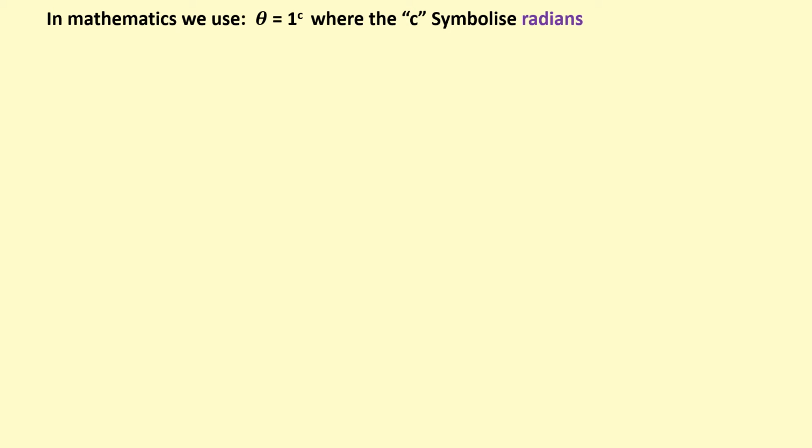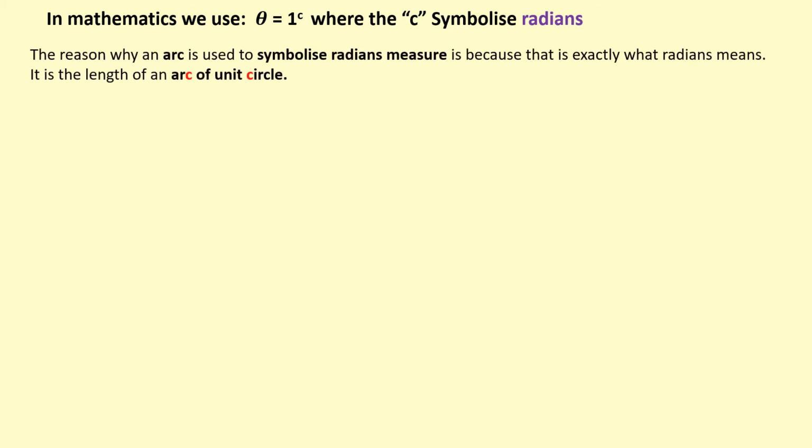Well, r is obviously being used for radius, so we use that c, which symbolizes the arc. The reason an arc is used to symbolize radian measure is because that's exactly what radians means. It is actually the arc length of a unit circle. Now, using a raised c to denote radians, please when you are doing this, do make sure it's a c and not a closed one, to avoid getting confused with degrees.